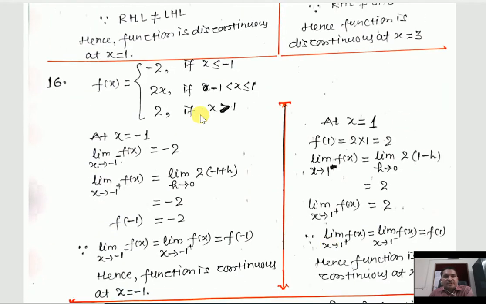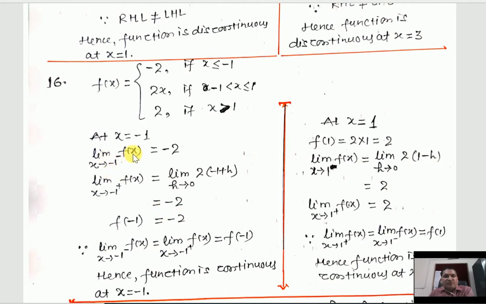Question number 6: the function is minus 2 if x is less than or equal to minus 1, 2x if x is greater than minus 1 but less than or equal to 1, and 2 if x is greater than 1. At x equal to minus 1, f(minus 1) is what? Minus 2.